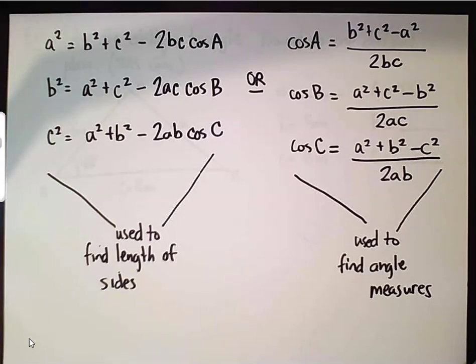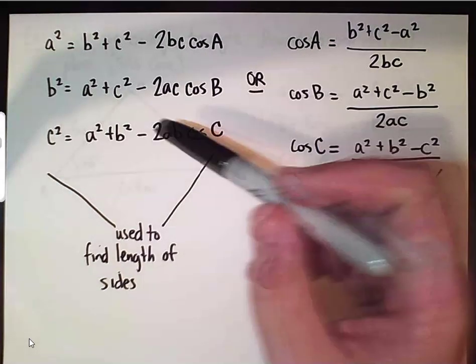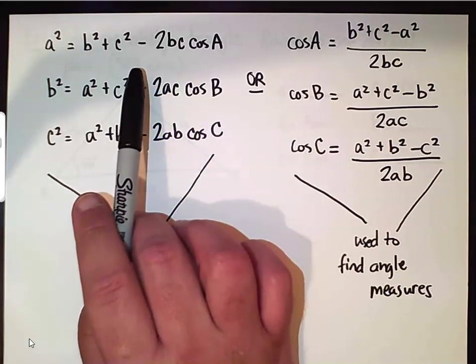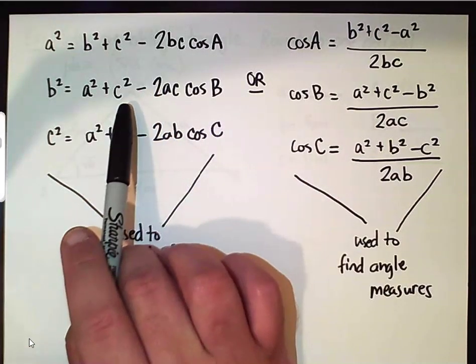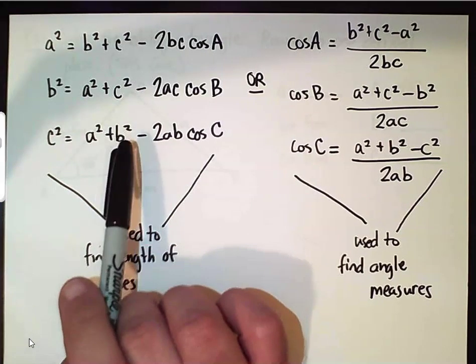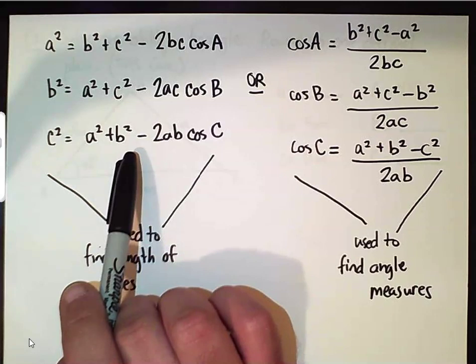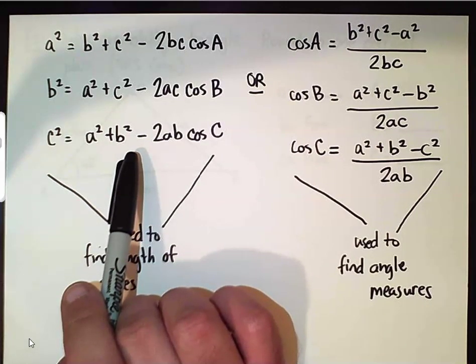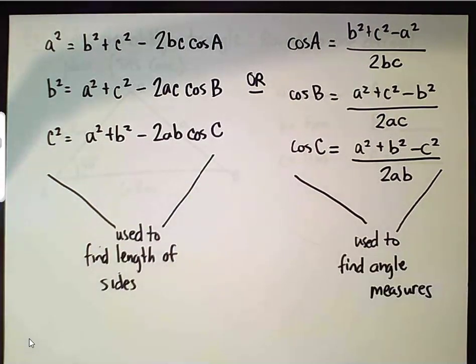On the left-hand side: a squared equals b squared plus c squared minus 2bc cosine A, b squared equals a squared plus c squared minus 2ac cosine B, and c squared equals a squared plus b squared minus 2ab cosine C. These three we use to find the length of a missing side.